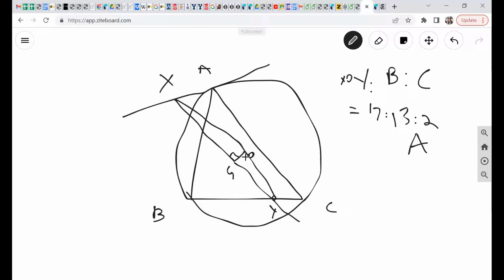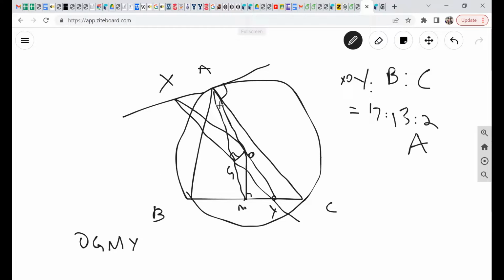And the way we do this is, again, we can extend AG so it meets BC at the midpoint. So we can draw this perpendicular, and similarly, we can draw AO. So this is perpendicular. So then we can see that since OGY is a right angle and we'll call this M, OMY is a right angle, then OGMY is cyclic.